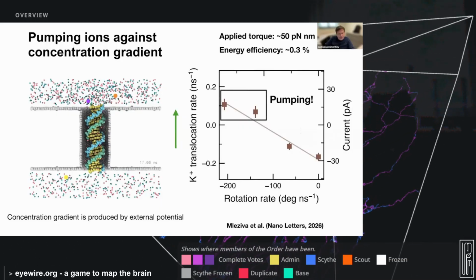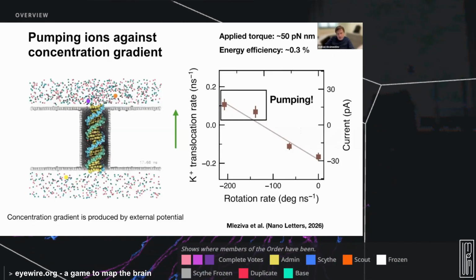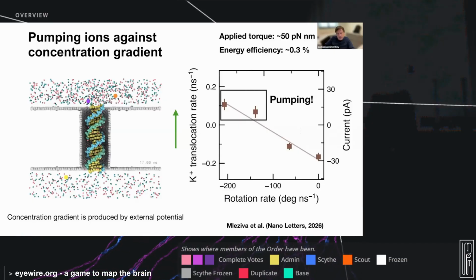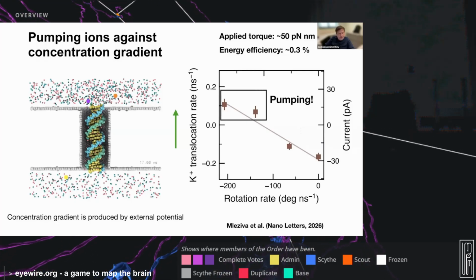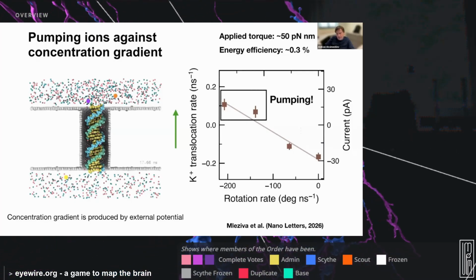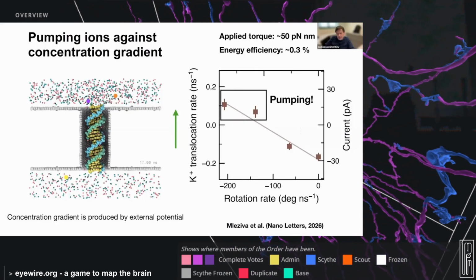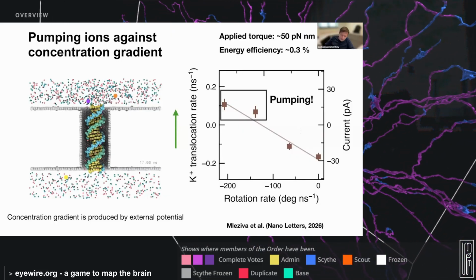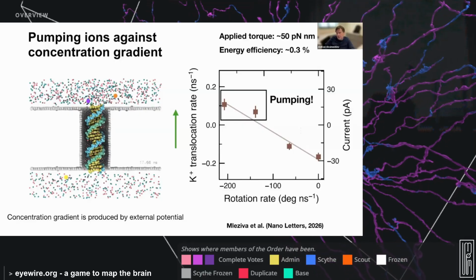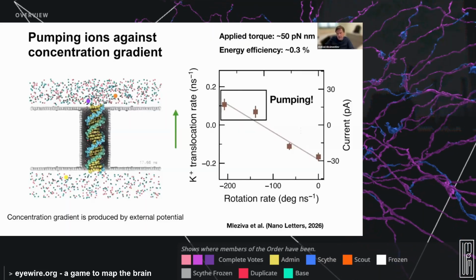In fact, it wasn't all that straightforward to get numbers for FOF1 ATP synthase working in the pumping regime. There is a lot of work claiming 100% efficiency, but that's usually for how well the hydrolysis is transformed into rotary motion, but into pumping it's a little bit more complicated. But you can find numbers around 60%, and this is a lot more, right?